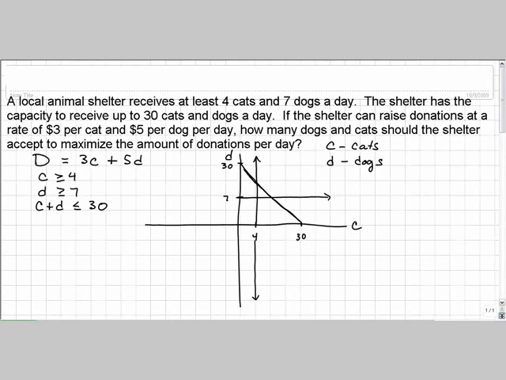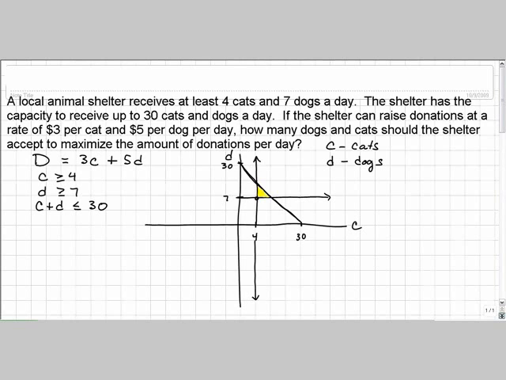Looks something like this. All right, so our region that we're looking at here, according to our constraints, is within this little triangle right here. We need to find the vertices of this triangle.